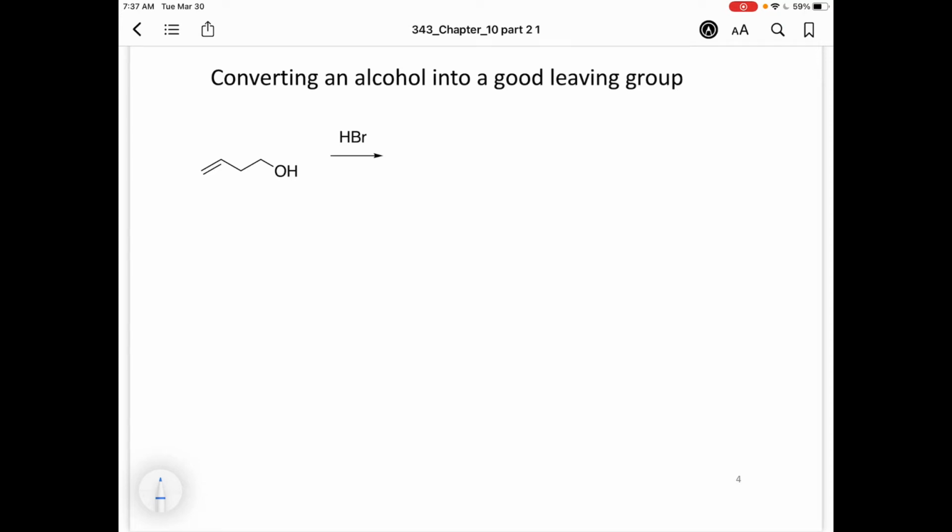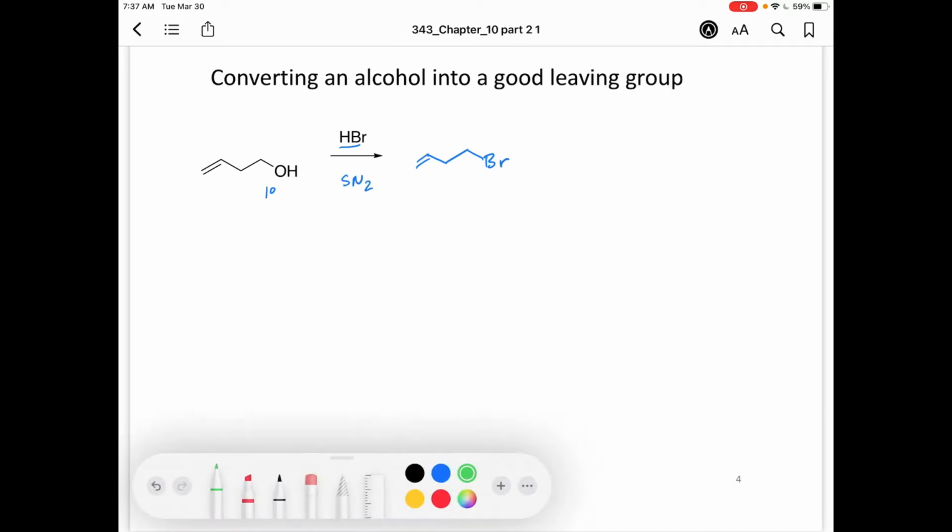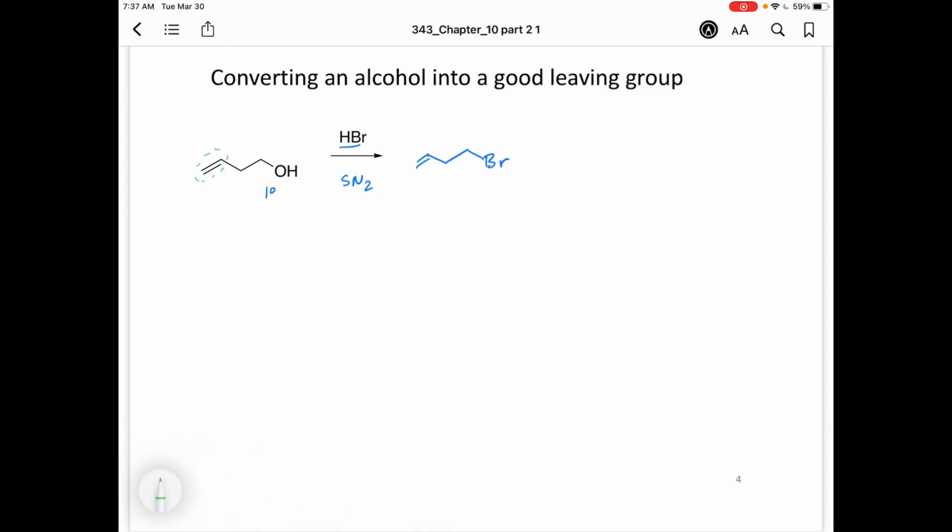All right, in our last video, we looked at alcohols and going to the alkyl bromide, and we specifically learned that we could do primary alcohols to the desired alkyl bromide using HBr, and this is going through an SN2 type mechanism. Now, the issue though is that we have this alkene, and alkenes also react with HBr.